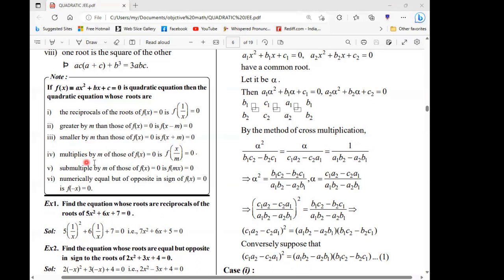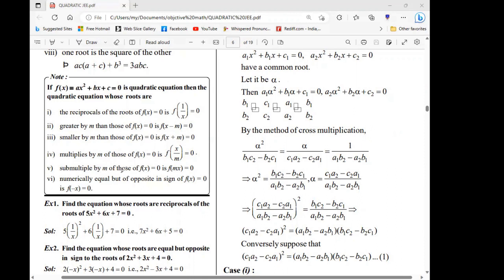And if the roots are multiplied by m, that means the new roots will be alpha m comma beta m. Then the equation will be, you have to divide that variable by m, because here we are multiplying. Here adding, so subtract here. And it was smaller, that means subtraction, and you should add here.